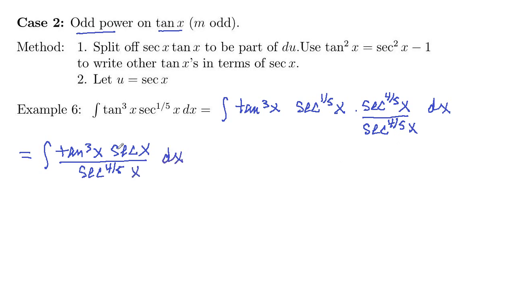So now I can break off a secant tangent to be my du. So this will be integral. If we take one of the tangents out, we'll just have a tan squared left. Tan squared x. And then we'll have a secant x tan x out on the end. dx. And denominator still got our secant 4/5 x.